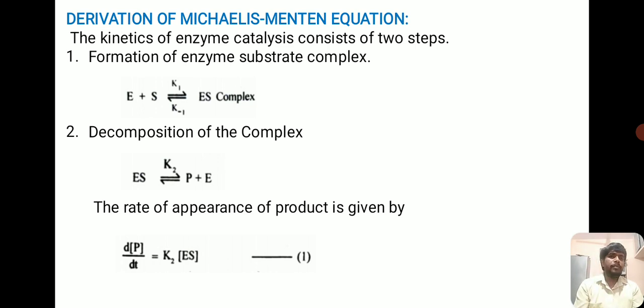So the rate of appearance of the product is given by d[P]/dt = k₂[ES]. This is equation number 1.